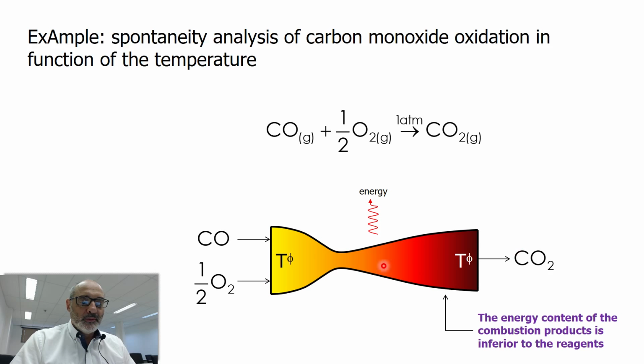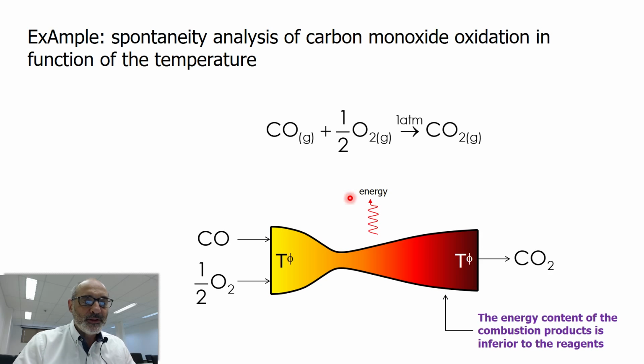CO is the fuel, O2 is the oxidant, and an important point here, we're going to calculate right now at room temperature, T0, our environmental reference temperature. The energy content of the combustion products is inferior to the reagents, so this process releases energy. We're going to come to this conclusion in a few moments.